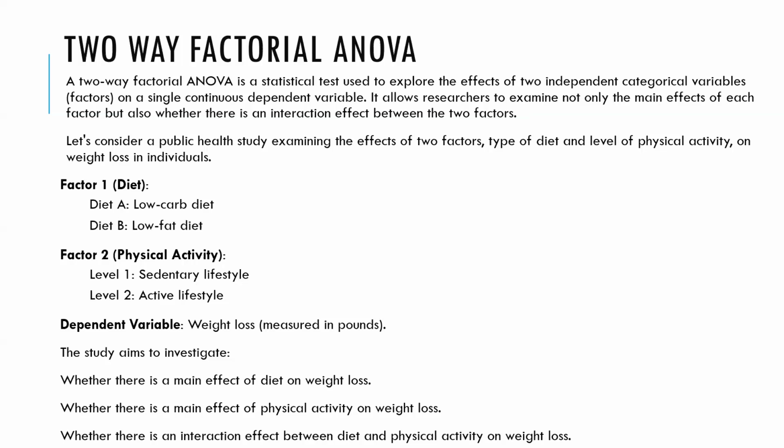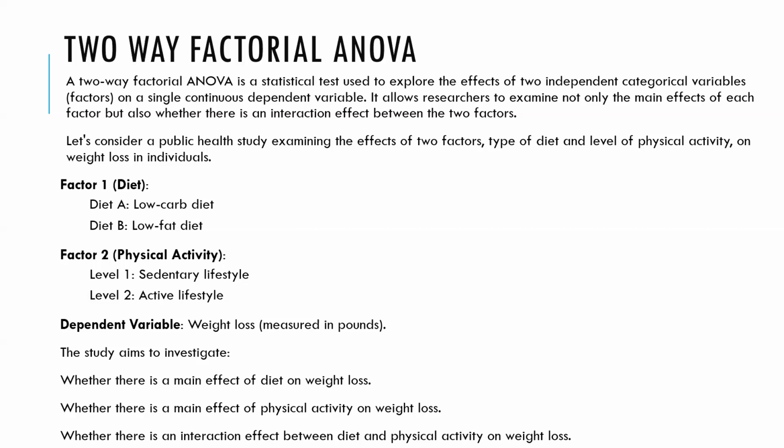A two-way factorial ANOVA, the difference here is now, instead of just simply 2 groups, you have 2 independent variables. Okay, so you still have one continuous dependent variable, but you can have more than one independent variable.